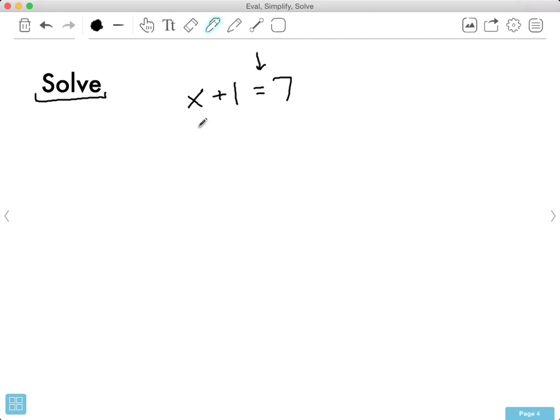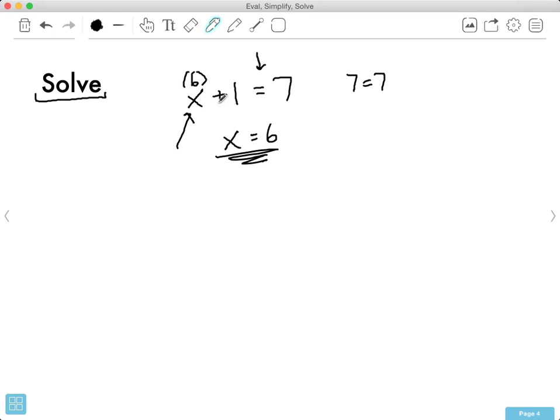I'm looking for a value for the variable that would make this a true statement. So your teacher, you should already know how to solve. You should be able to work through this. You subtract 1 from both sides, and you end up with x equals 6. This is the value that if we plug it in here, 6 plus 1 is in fact 7.